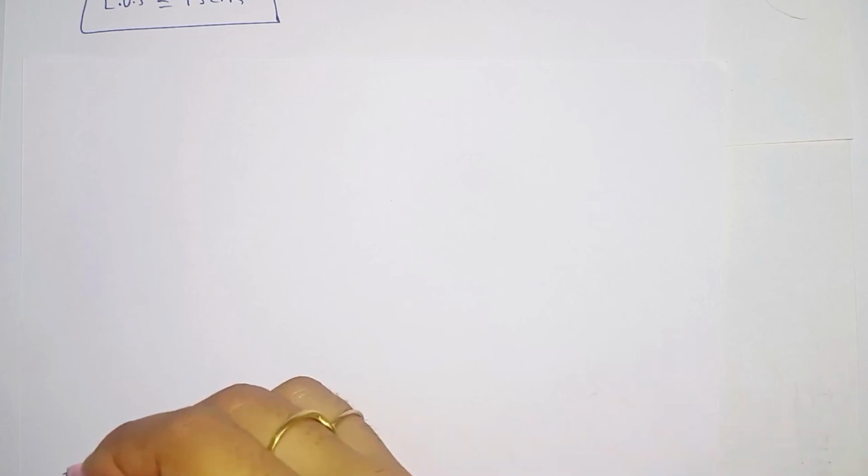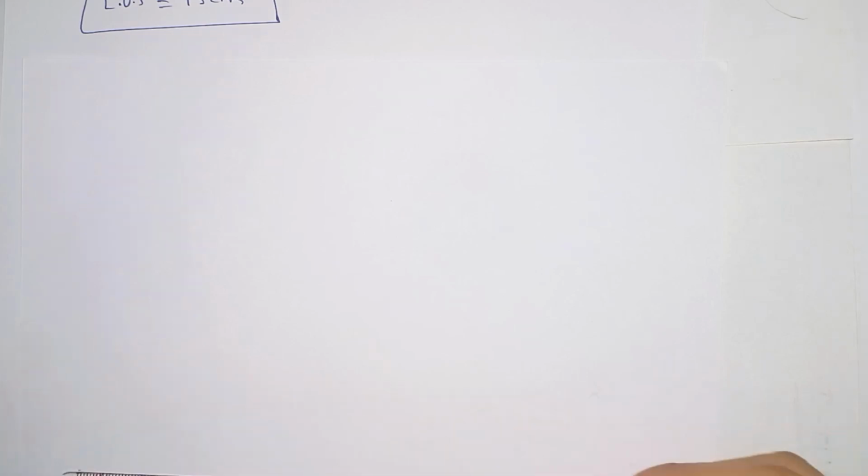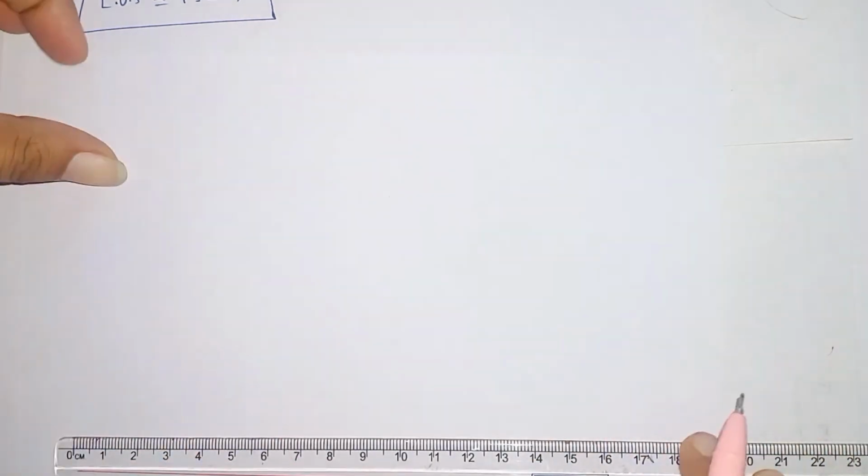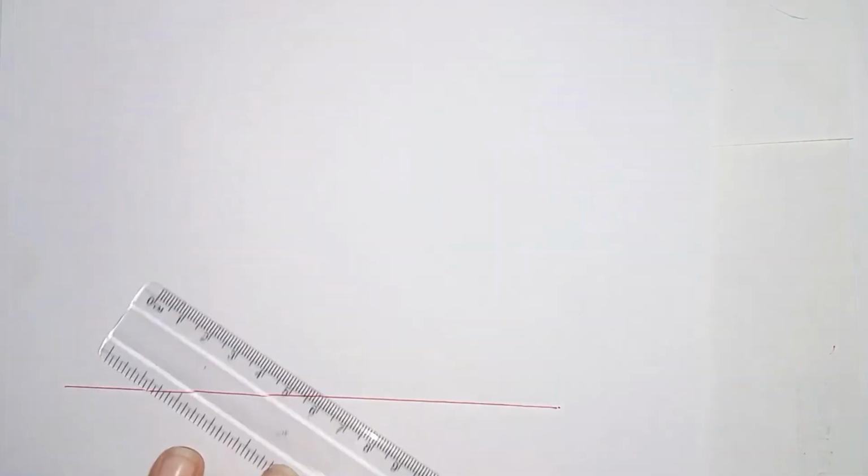Similarly to how we construct a plain scale, the difference here is that the height is 5 centimeters. LOS is already 15 centimeters, so mark the length of the scale as 15 centimeters, and next mark the height of the scale as exactly 5 centimeters. That is a diagonal scale, or else if you represent 1 meter as 1 centimeter, that is a plain scale.